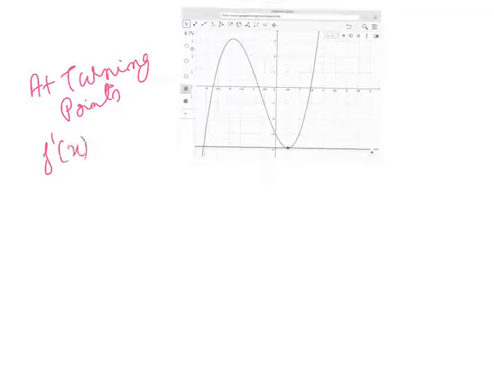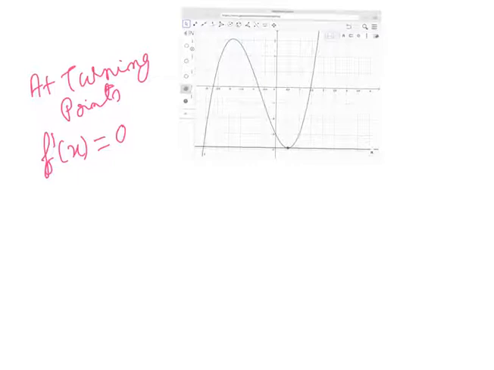At turning points of a cubic graph, the first derivative is equal to 0, and I solve for x, and then I can substitute that value of x into the function to find the y coordinates.